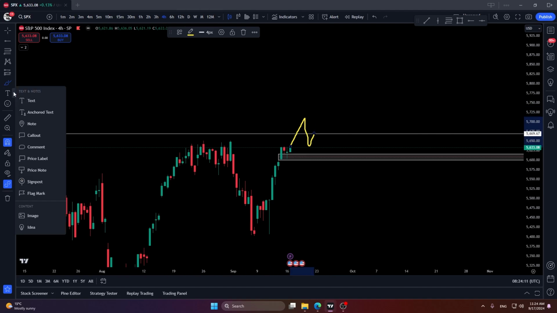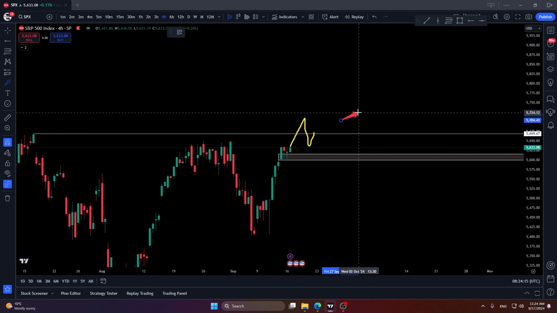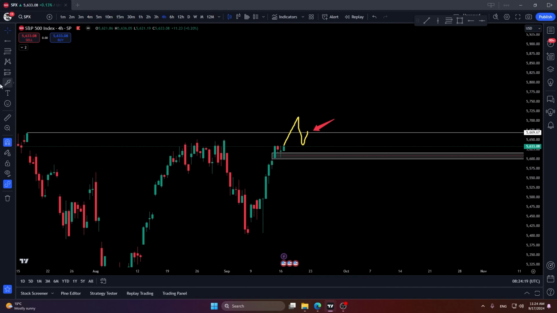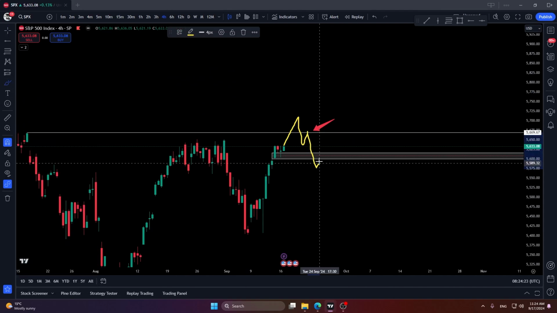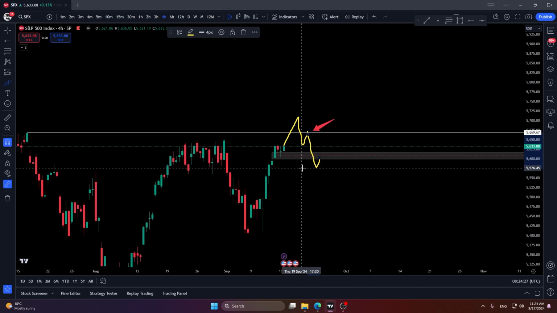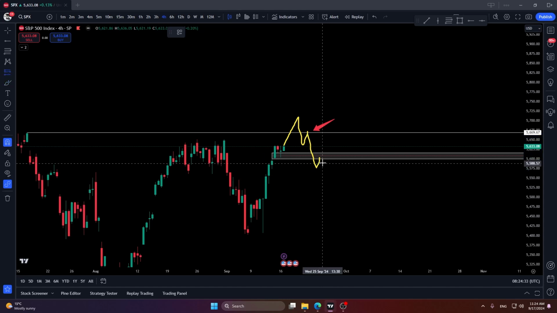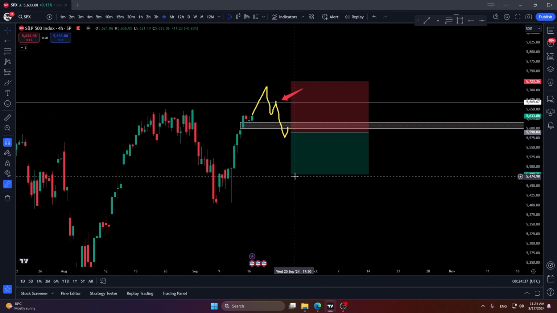If we see an entry forming there, we're going to take it, and then after this, if we get a successful 4-hour close below this gap, it's going to invert the gap, and the trade is going to look something like this, right? With a first target at around this level.